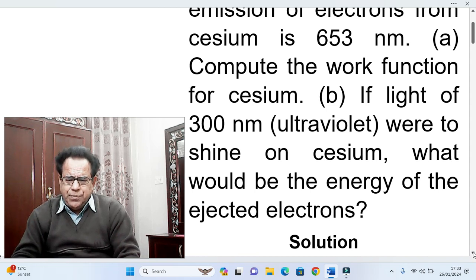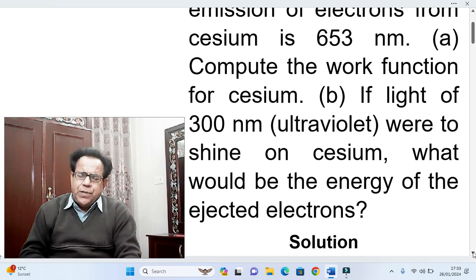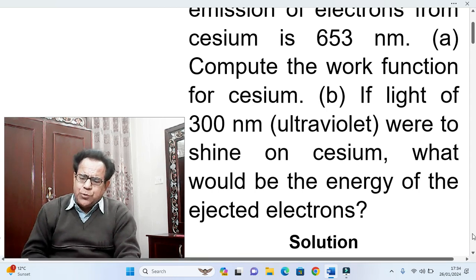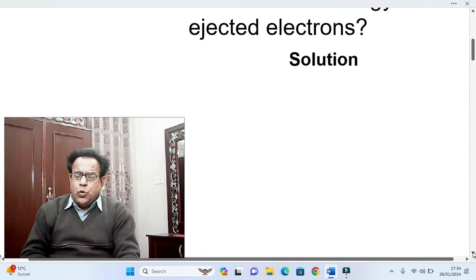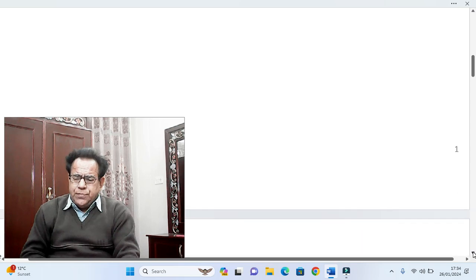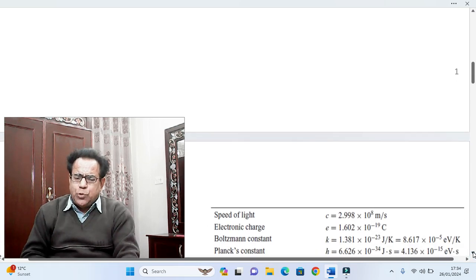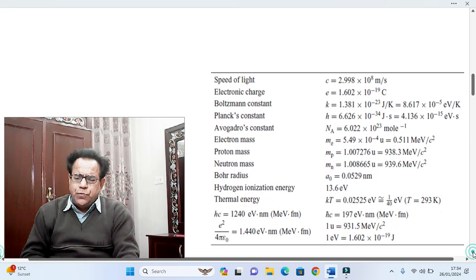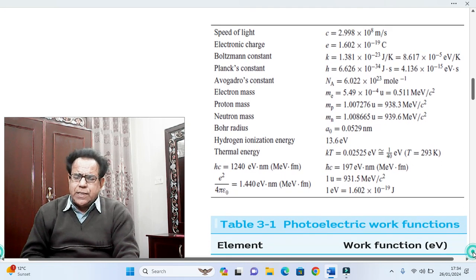Similarly, there in part B the wavelength was 300 nanometer, while in part C the wavelength was 400 nanometer. So it is quite clear that this problem is different from the previous problem, but also similar to some extent, so we will give less time to similar things which have been covered in the previous problem.